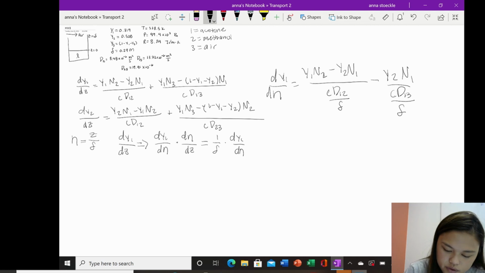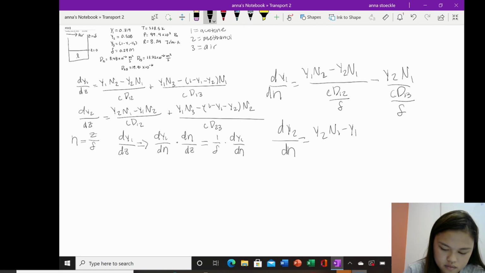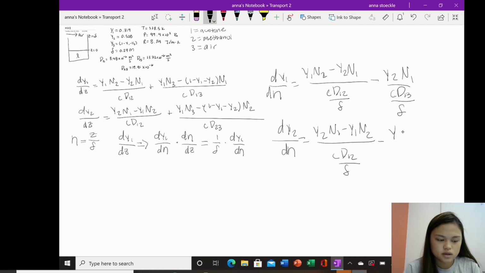And the same thing for methanol. Same thing, I want to... Hold on.